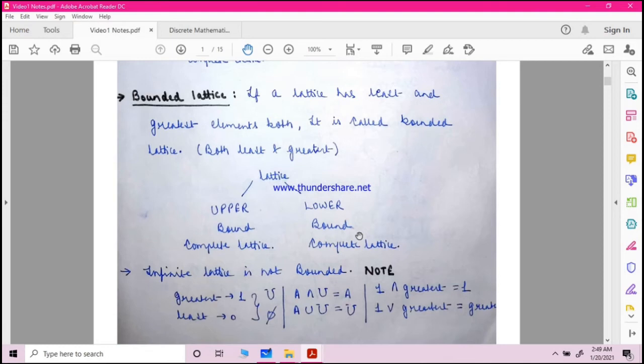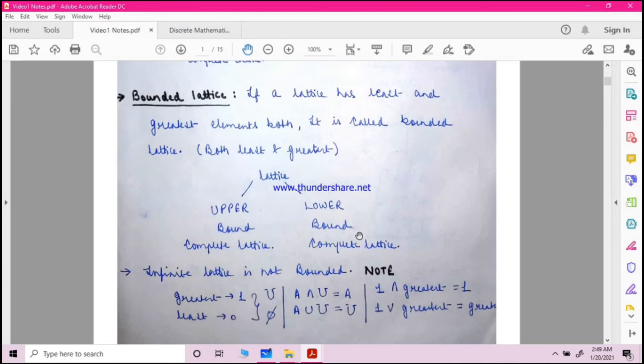In the same way, if you are performing union with the universal set, you get the universal set. If you are performing intersection with the universal set, you get the set. In the same way, if you are performing meet with the greatest element, you get the element. And if you are performing join with the greatest element, then you get the greatest element.